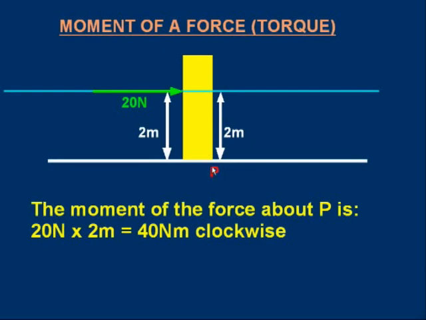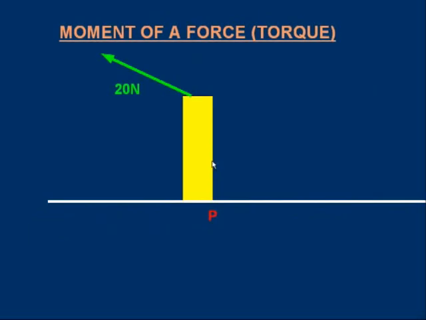Right, here's another example. Same object P, bottom right, but the force is applied at a different angle and different position. So how do we work out the moment about P? We draw the line of action and then the perpendicular distance from P to that line of action. There can only be one line that is perpendicular from P to that line.